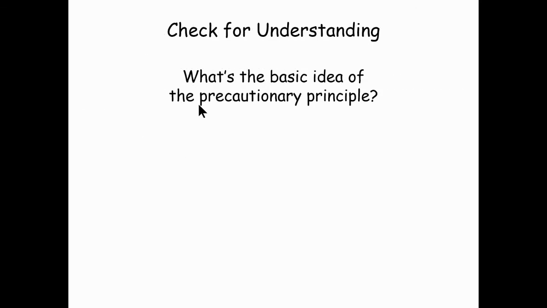All right, what's the basic idea of the precautionary principle? I want to take a look back at number 27. Yeah, you got to act to prevent or reduce harm when the evidence indicates that it's necessary.